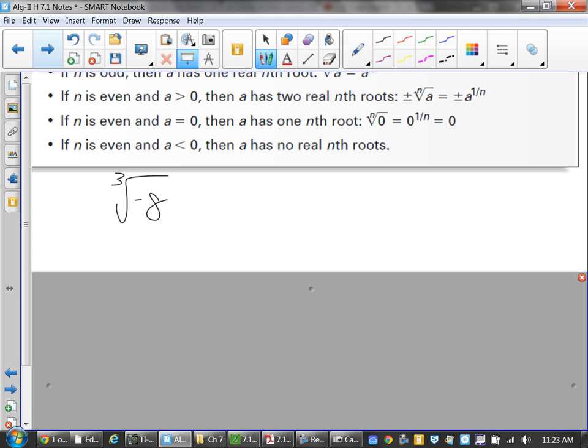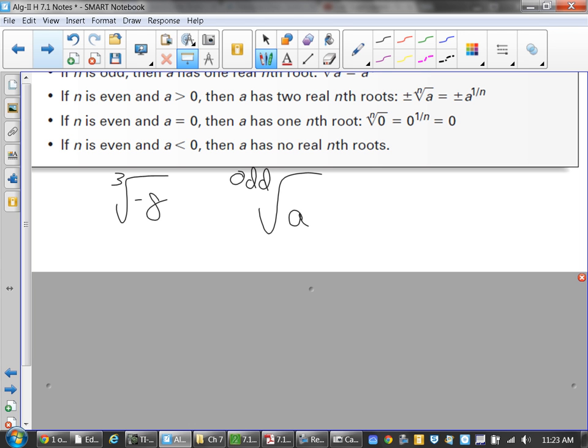What if I do this? Yeah, it does work, because it's a negative 2 with an odd power. Since you have an odd power, you can have a negative root of an odd power. That works.